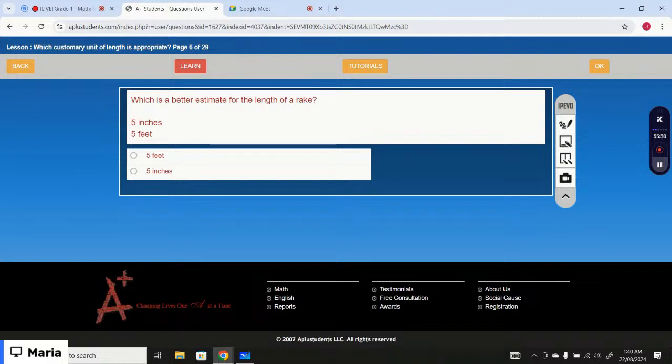Which is the better estimate for the length of a rake? 5 inches or 5 feet. Which is the correct option?